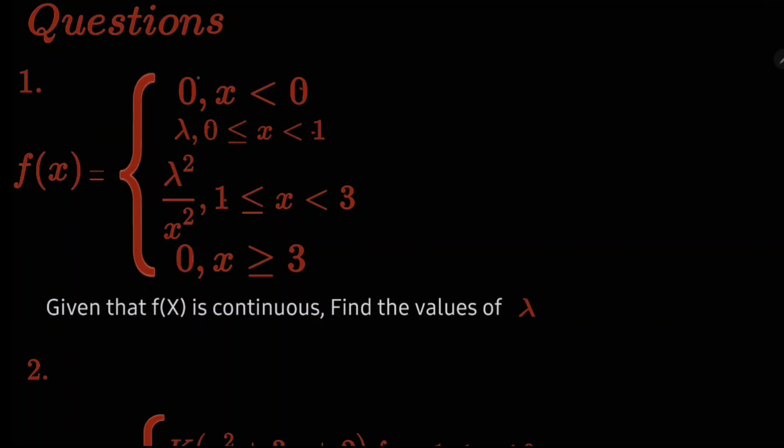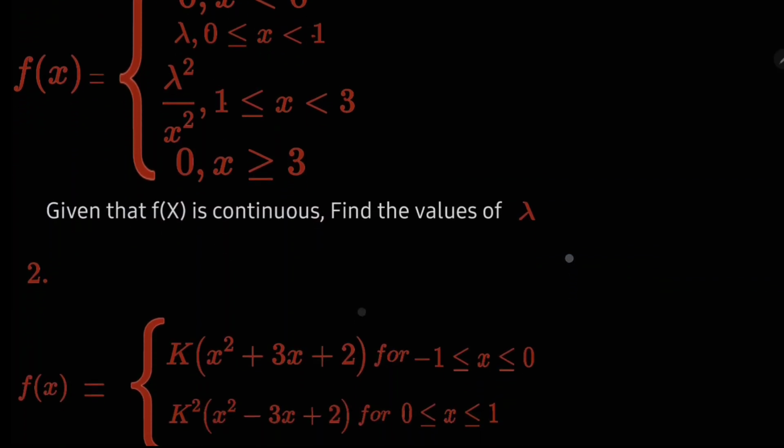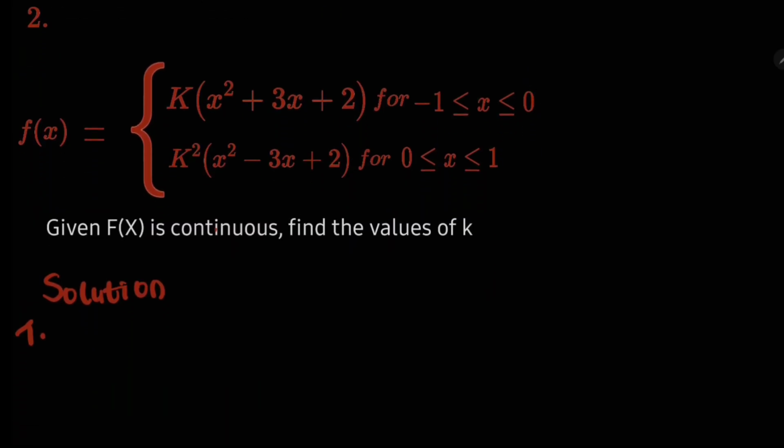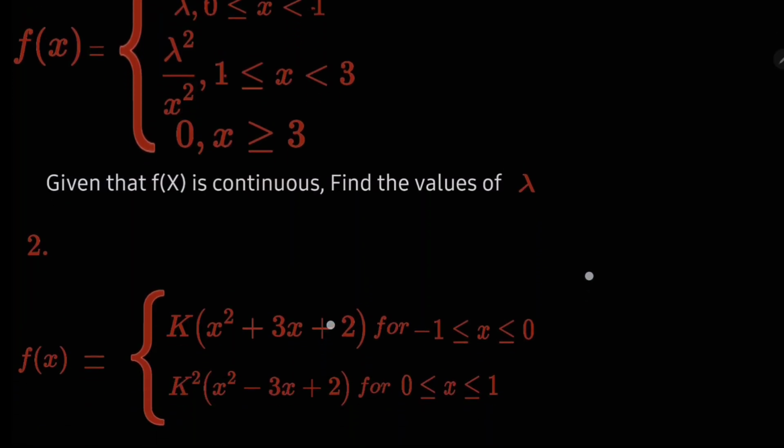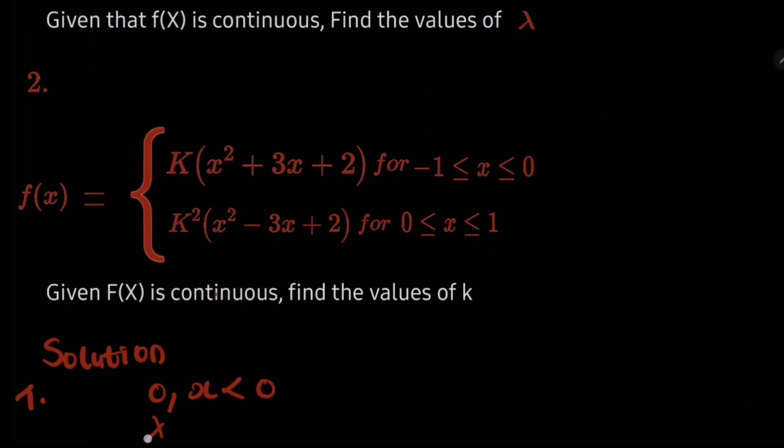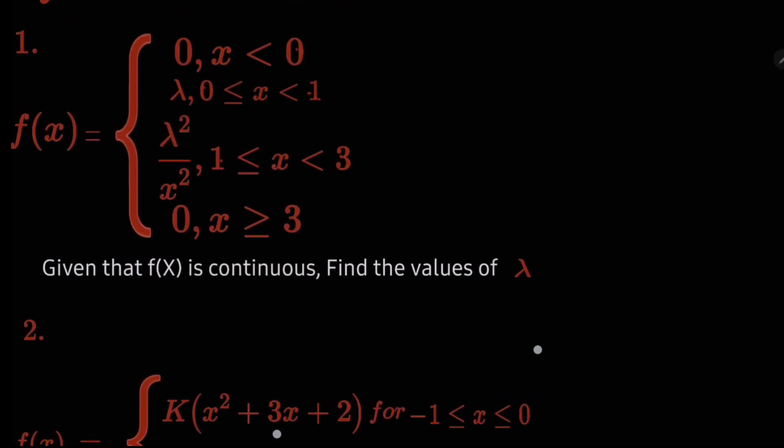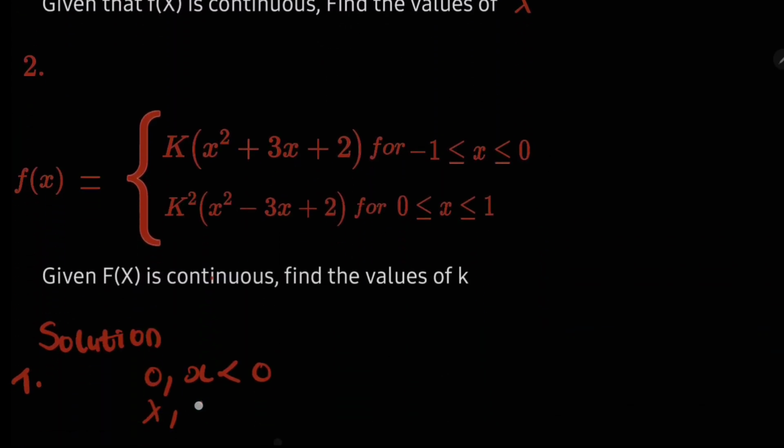We are going to take the first case. We are going to take the first definition and its range, that is 0 for x less than 0 and lambda for 0 less than or equal to x less than 1.